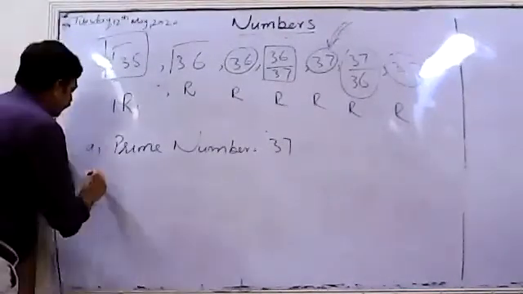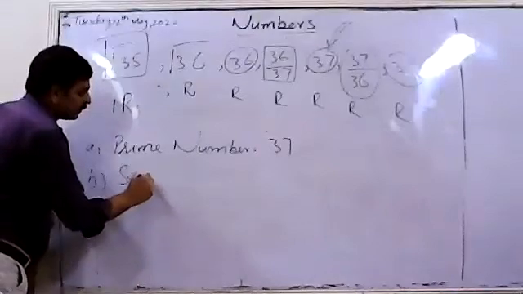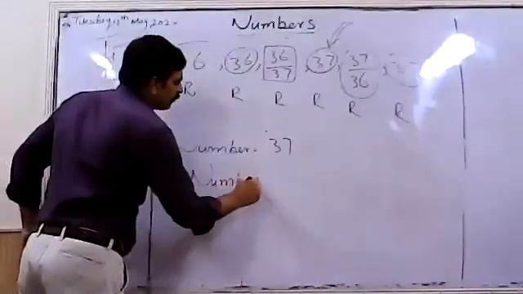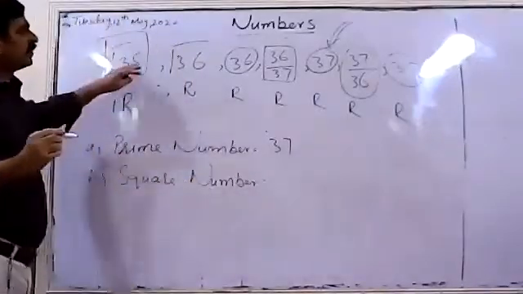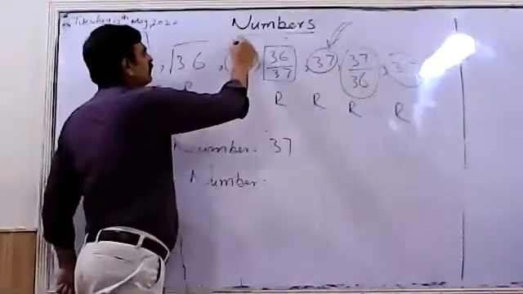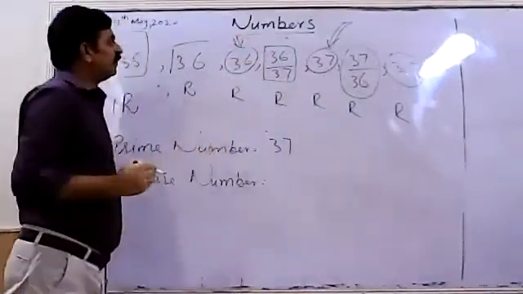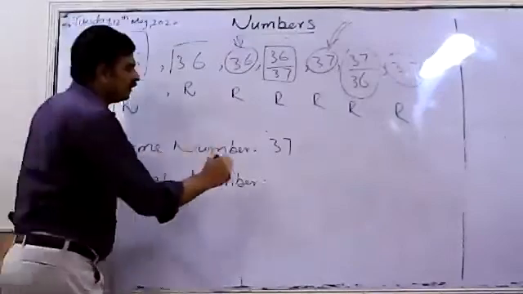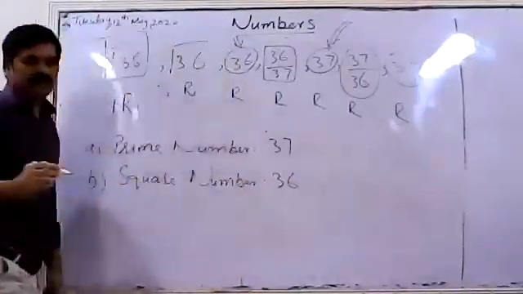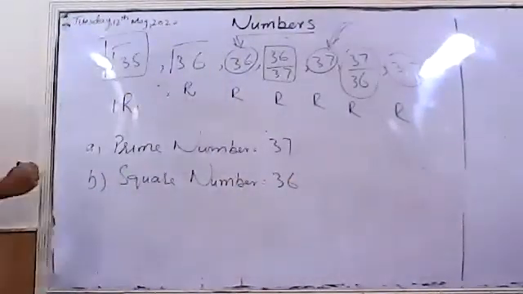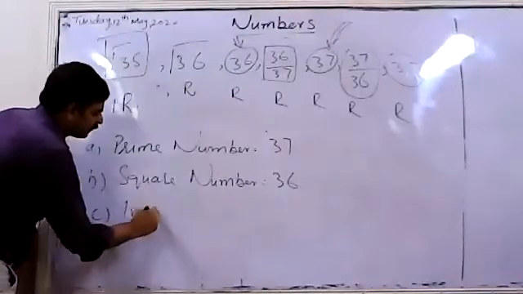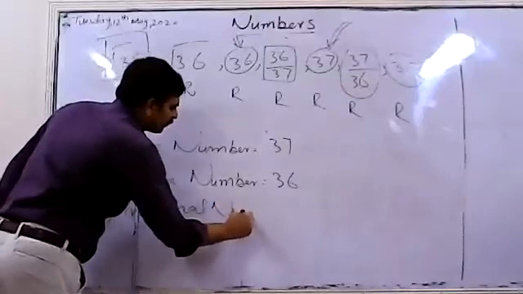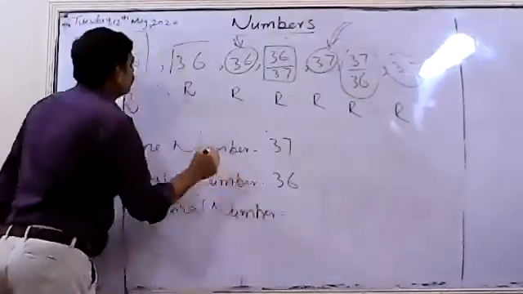What will be the square number in this set? 36 is a square number: 6 multiplied by 6 is 36. There is only one square number, 36. And the last one, the irrational number.